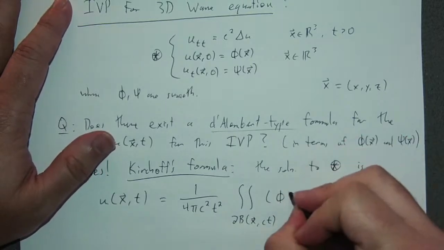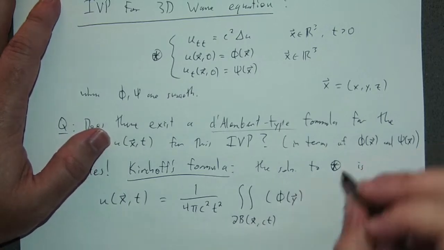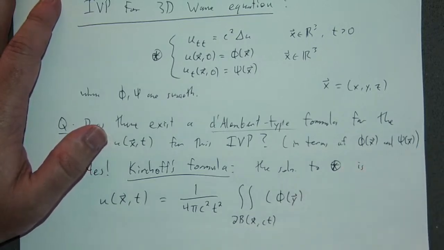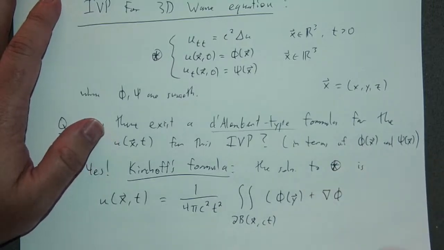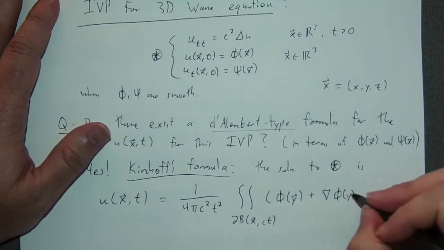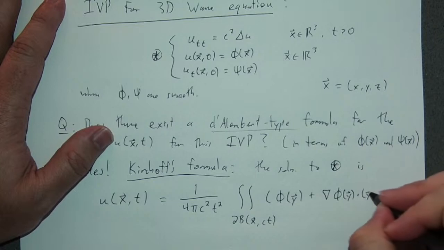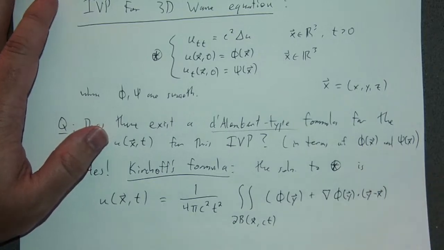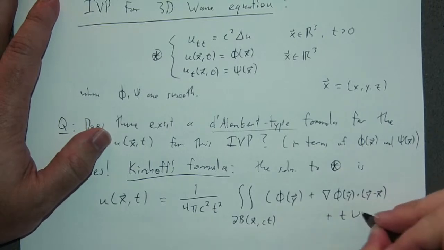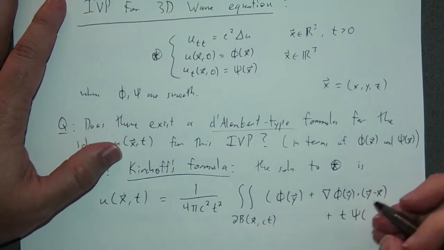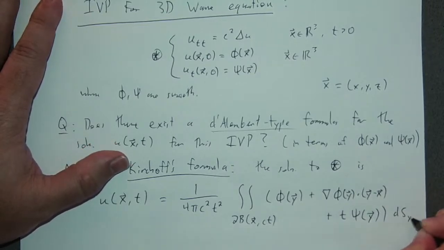Of phi, I'm going to use a dummy variable here, phi of y, to indicate that I'm doing a surface integral over this surface, plus the gradient of phi of y dotted with y minus x, plus t times c of y, ds sub y.